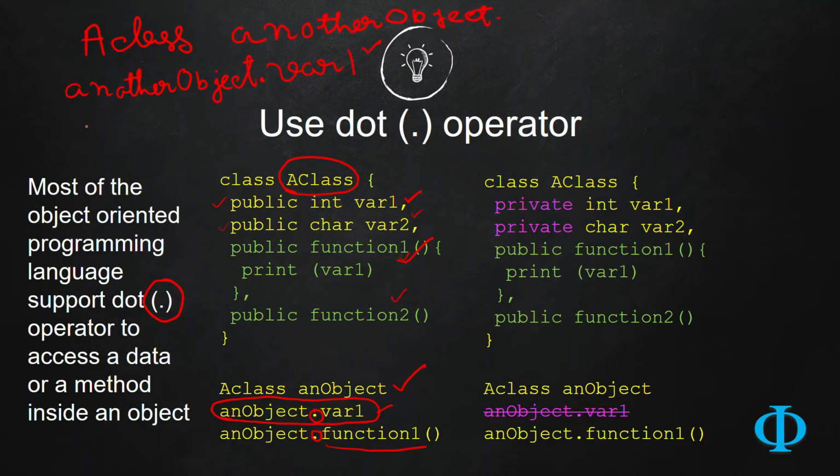Or even if I do another object dot function1, this function1 is totally different from this function1.